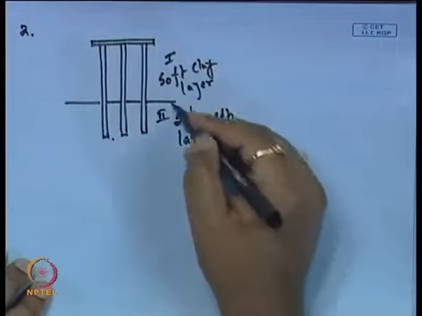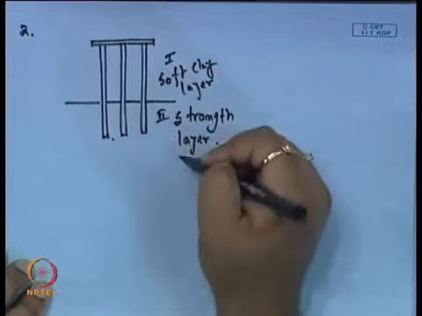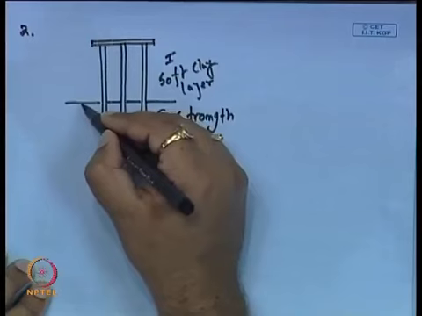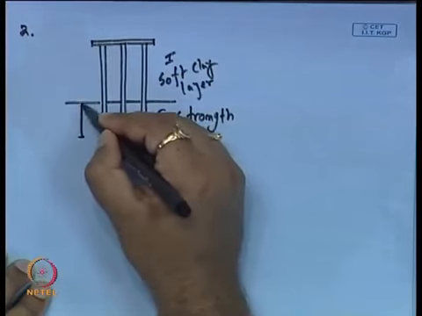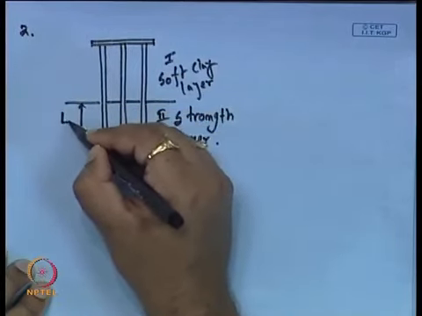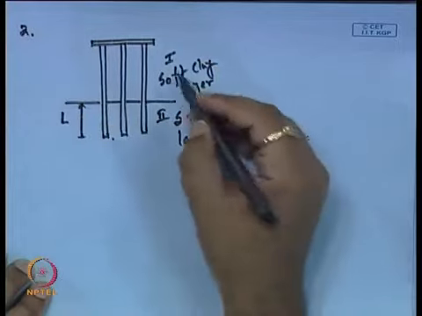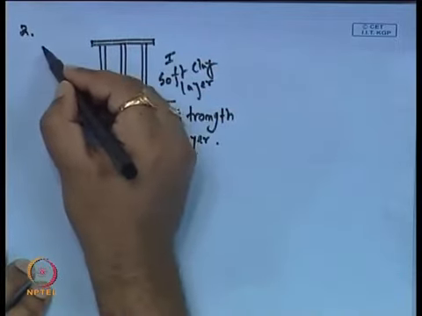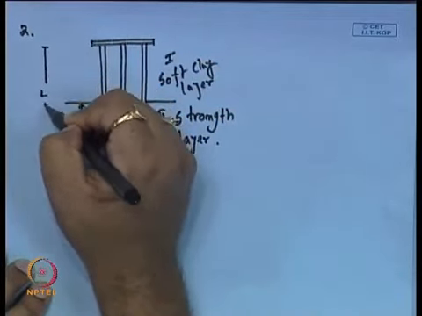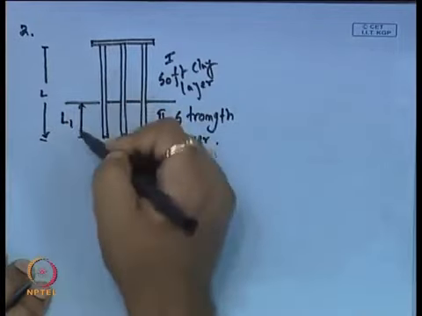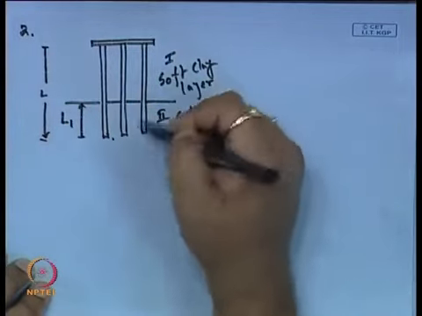So, these are the two different layers, layer 1 and layer 2. Now, in the strong layer or the bearing layer, suppose the pile length is L_1, and the total length is L. L_1 is within that strong layer, layer 2.